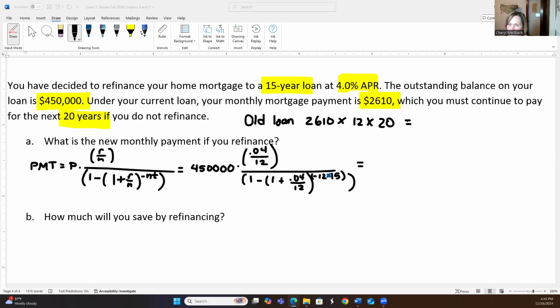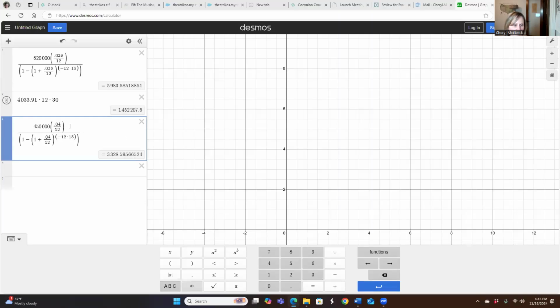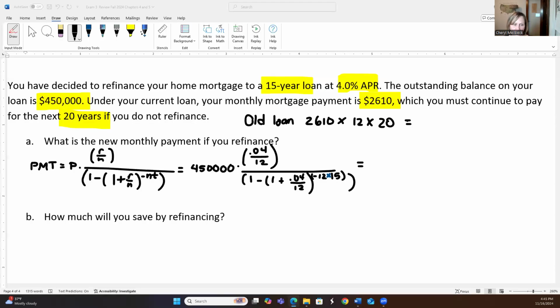Then we close the whole denominator. So let's see what we get on Desmos when we do that. Plugging that in here, I got 3,328, and I would make that 60. So let's write that: $3,328.60.